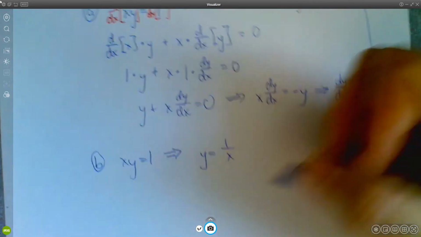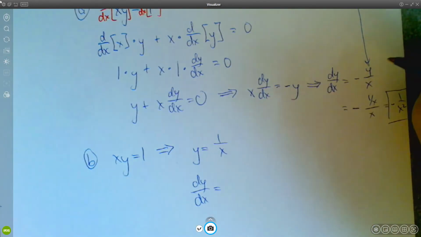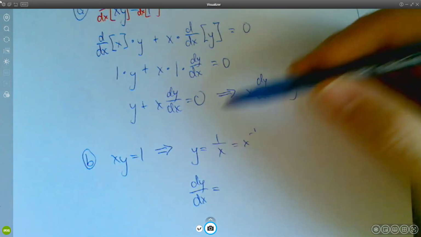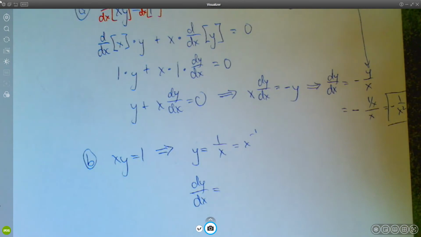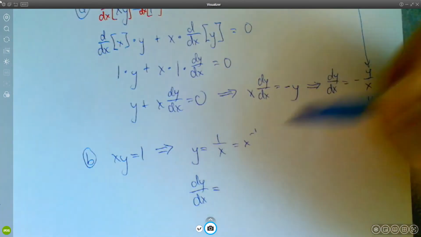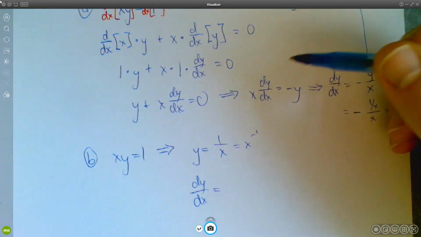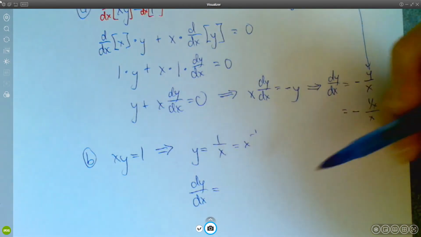Okay? And then we can find dy dx pretty easily. Oh, by the way, this is x to the negative 1 power. See how I'm using equal signs? Because these are all equal to one another. Okay? Anyway, I'm not using implies signs. What I could say, just for the sake of argument, is xy equals 1 implies y equals 1 over x.